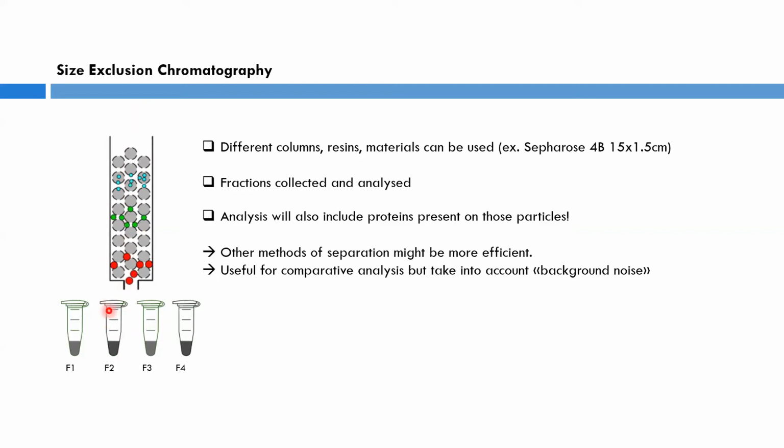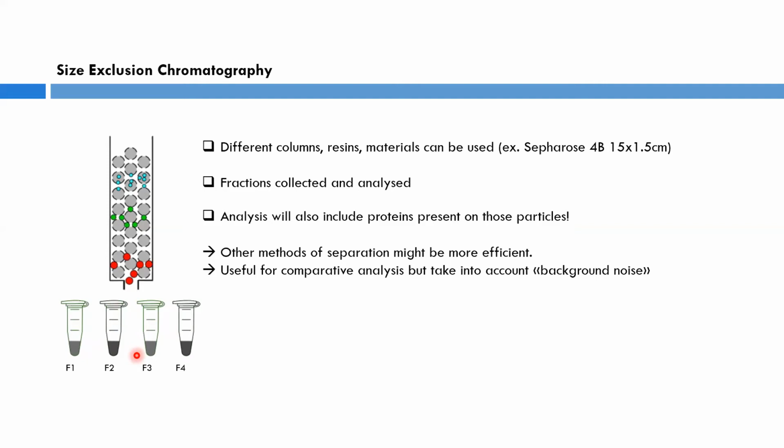However, the same fraction that contains LNPs might also contain those natural nanoparticles which have the same size as LNPs, and therefore this method is not ideal if we want to characterize precisely the composition of a particular LNP. However, it can still be used if you want to compare different samples among them, taking into account this kind of background noise that is generated by the presence of these natural lipoproteins present in biological fluids.